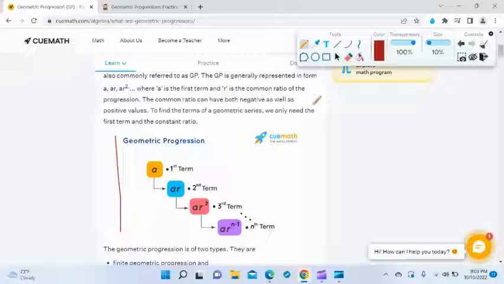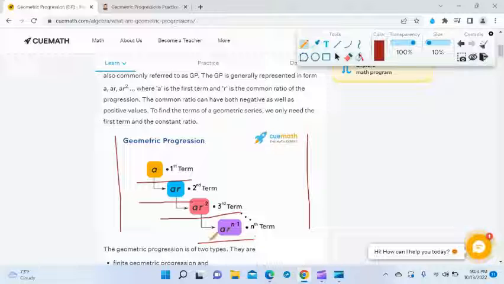Here in this example, the first number is a, the second number is a multiplied by r, the third number is a r square, the fourth number is a r cube, and like this, the nth number will be a r to the power n minus 1. And if you divide ar by a, what will be the output? r.